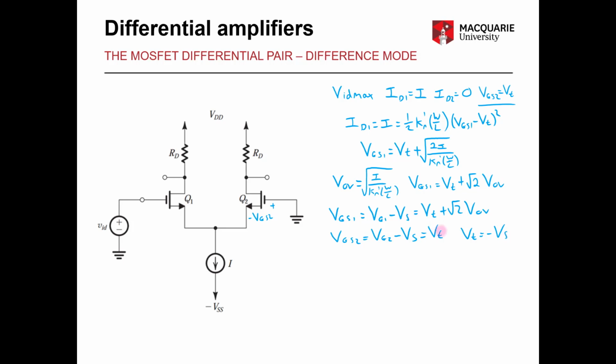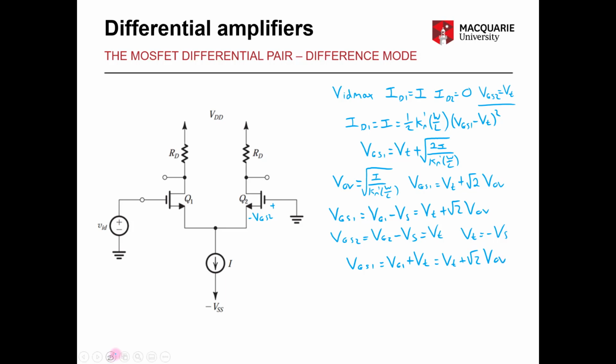So substituting that into the above equation will give us VGS1 is equal to VG1 plus VT, which is equal to VT plus root 2 times the overdrive voltage.